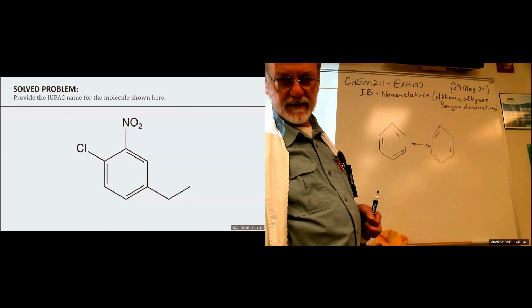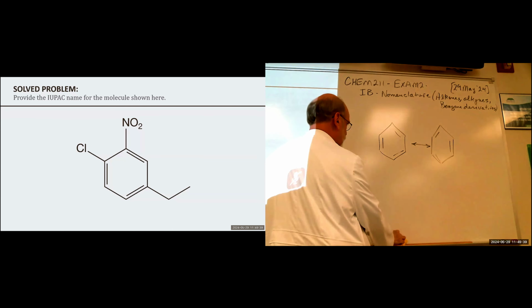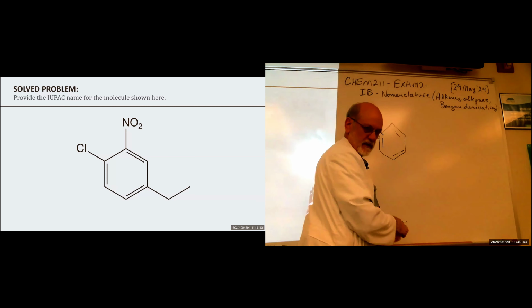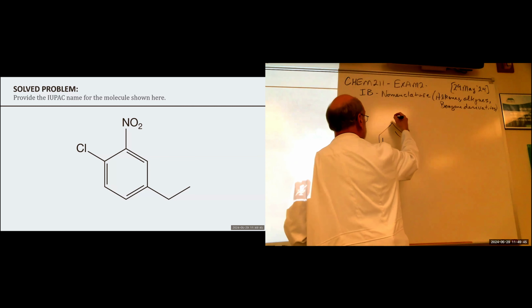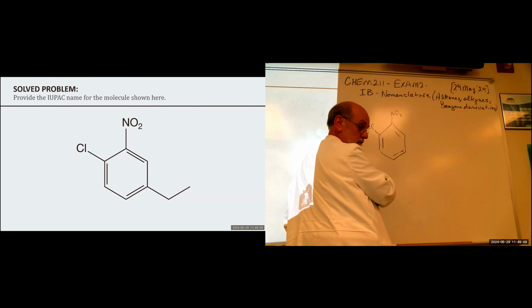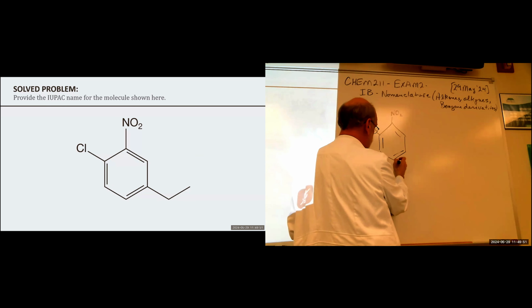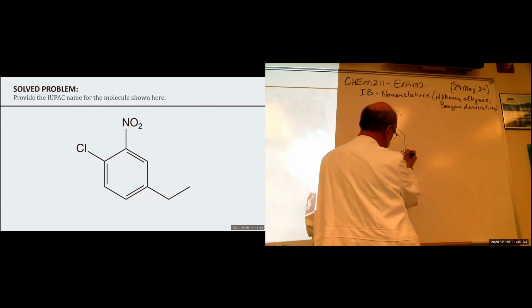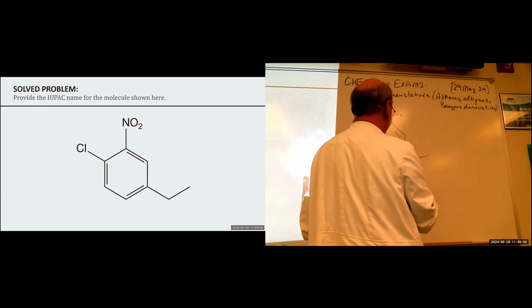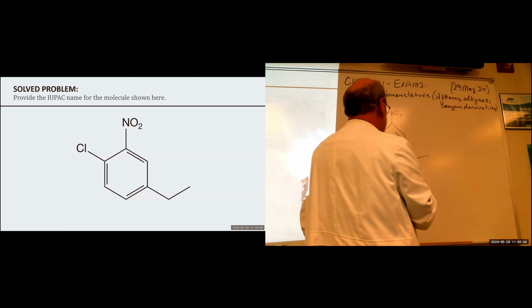Let's see. So here we have three substituents attached to that benzene. The nitro is here. That's chloro, right? Yep. And then we got an ethyl. Okay.